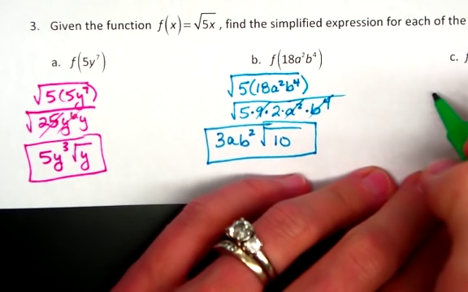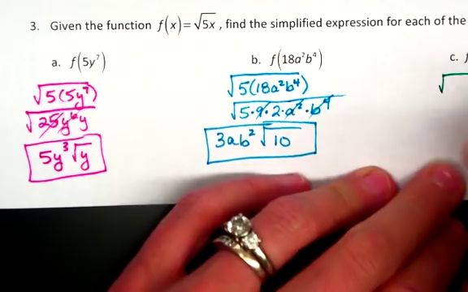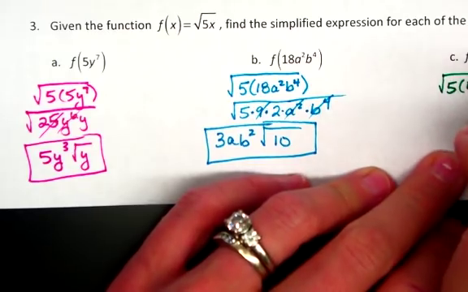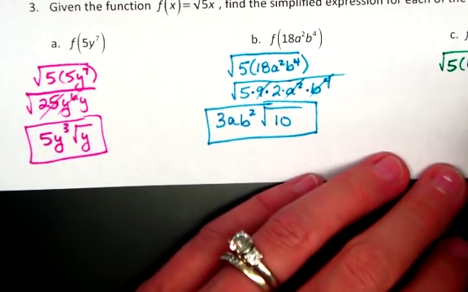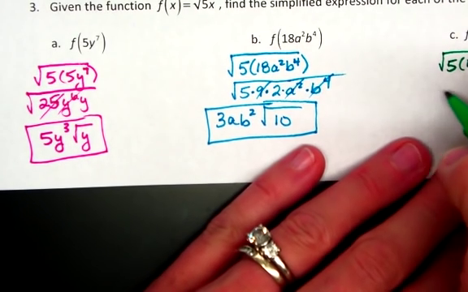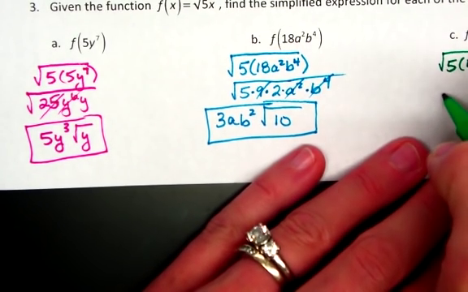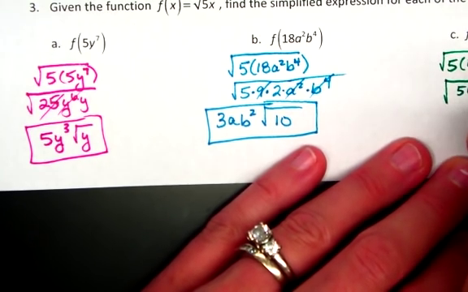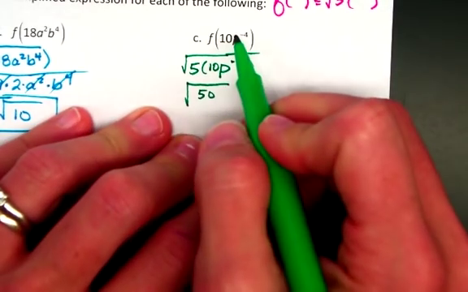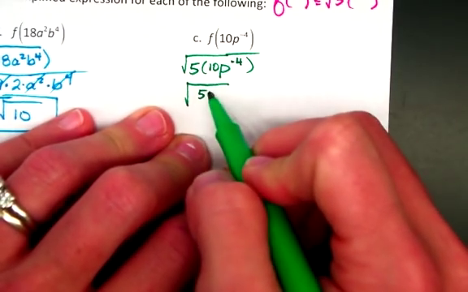And for C, we have the square root of 5 times 10 p to the negative fourth. So this is the square root of 5 times 10, which is 50. So I evaluated this. 5 times 10 is 50.